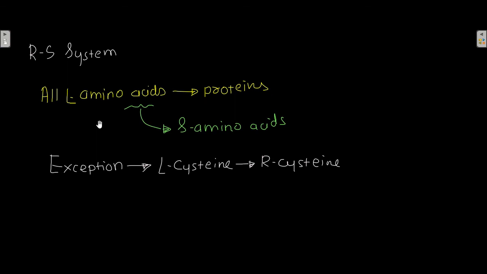According to the RS system, all L amino acids which form proteins have the S configuration, except L-cysteine. L-cysteine is the exception; according to the RS system it is R-cysteine. So all amino acids which make protein are in the S configuration except L-cysteine, which is in the R configuration.